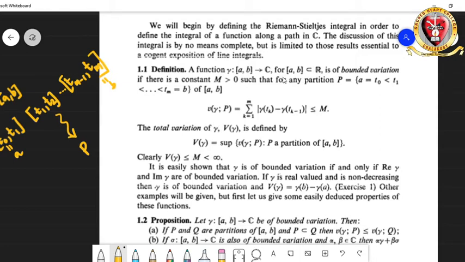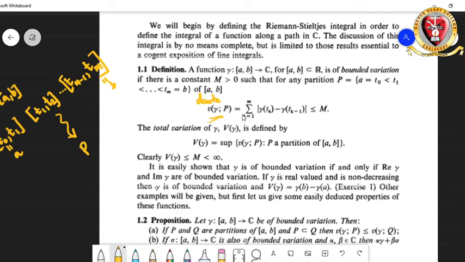Now, this gamma is called of bounded variation if V(gamma, P), which is just a notation we are using for this sum, is less than or equal to M. So what is this?